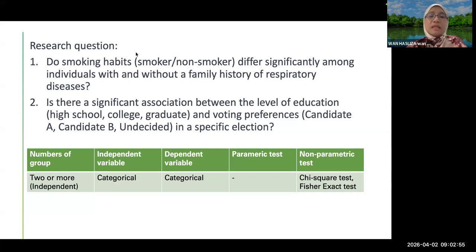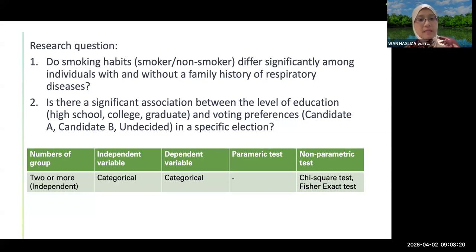I want to see, what are the factors? Is it family history that can influence their smoking habit? So family history is the independent variable, a category: presence of family history and no family history. The outcome is smoker and non-smoker. This is also a category.